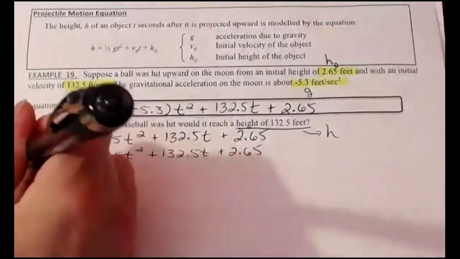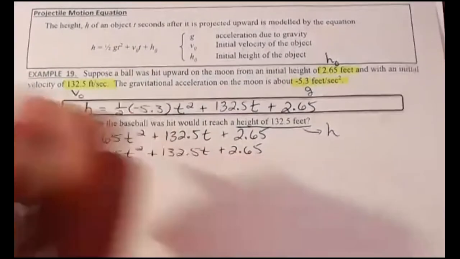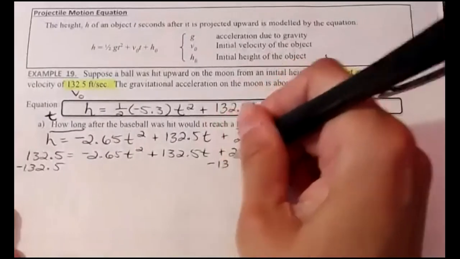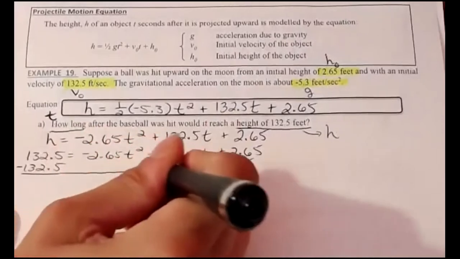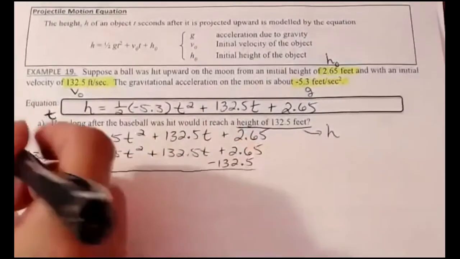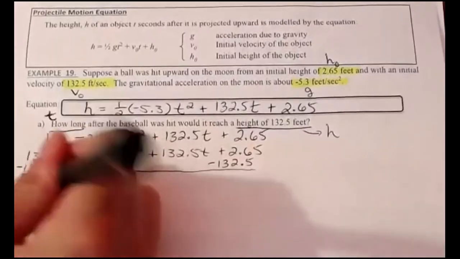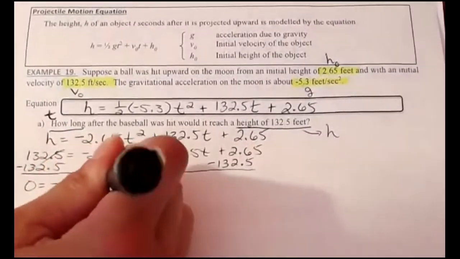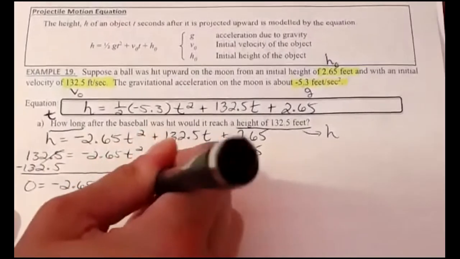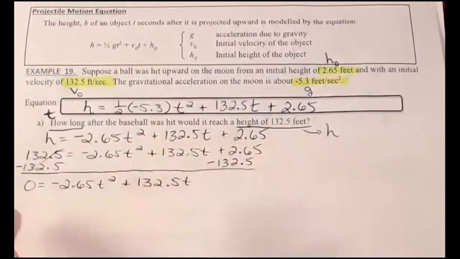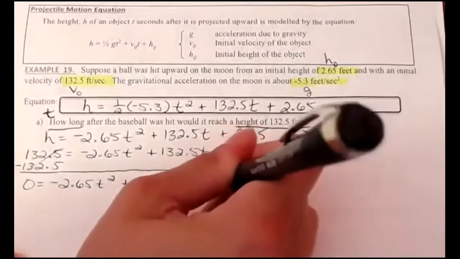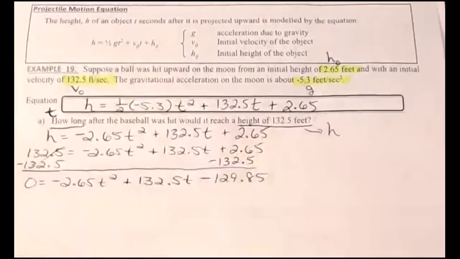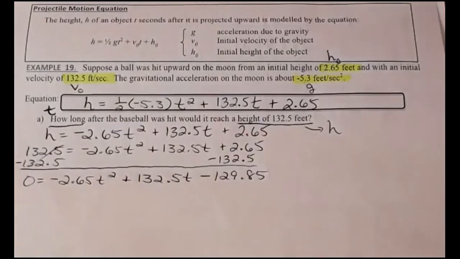So I'm going to subtract 132.5 from both sides so that I can set this equal to 0. 0 is equal to negative 2.65 t squared plus 132.5 t, and then we have 2.65 minus 132.5, and that's going to give us negative 129.85. Okay, hopefully so far, so good.